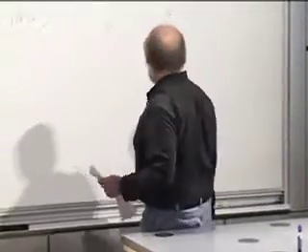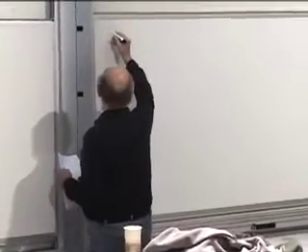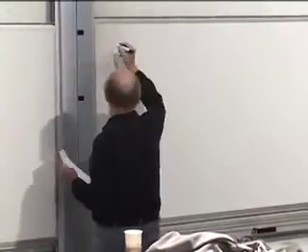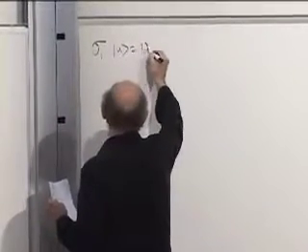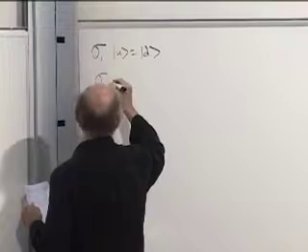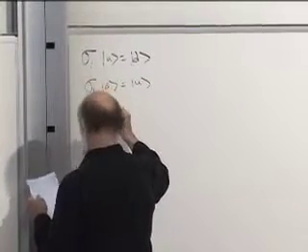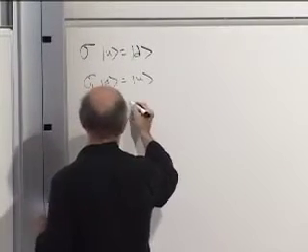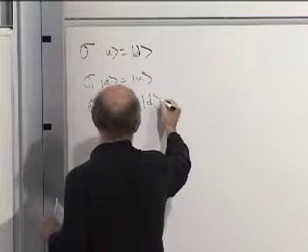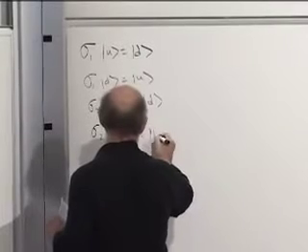Before I do, let me write a list again of the action of the various sigma operators. It's the same table that I wrote last time. First of all, sigma 1 on up equals down. We'll make reference to this regularly. Sigma 1 on down equals up. Sigma 2 on up is i times down, but sigma 2 on down is minus i times up.